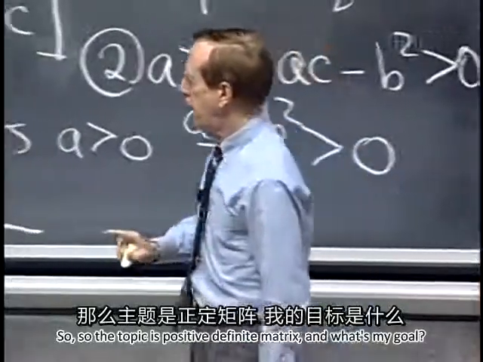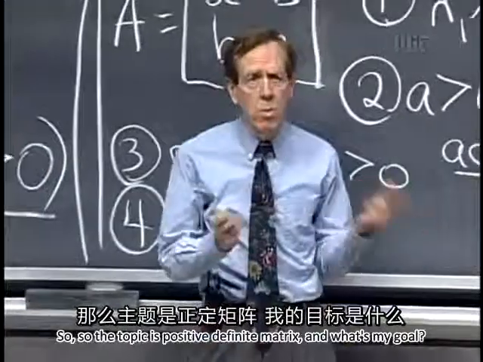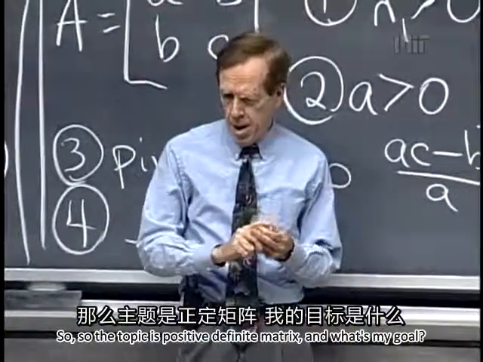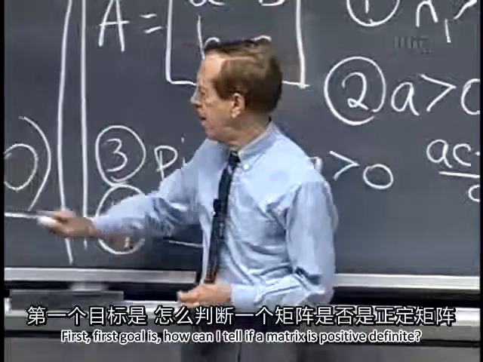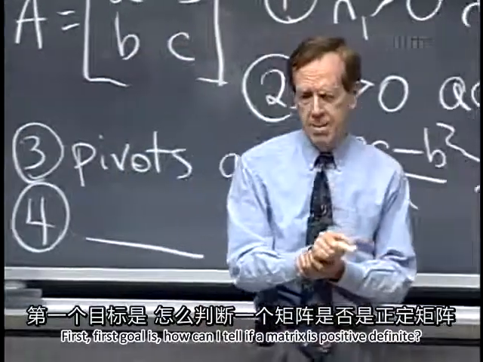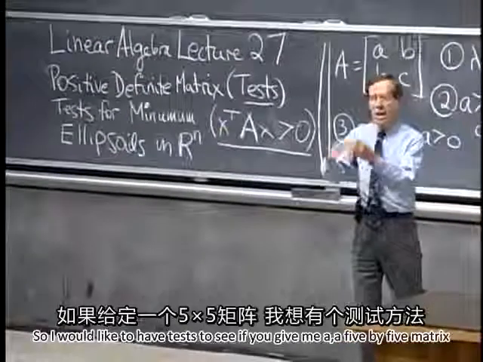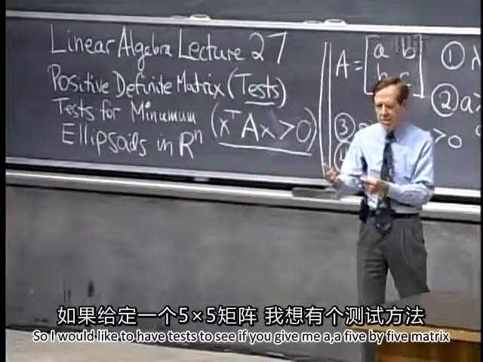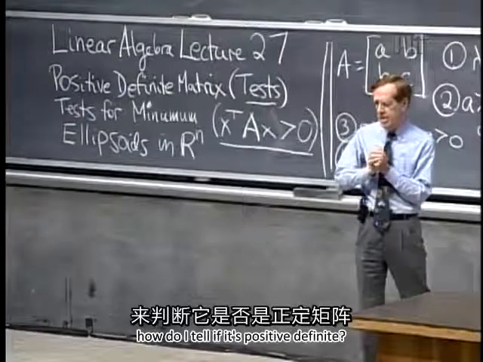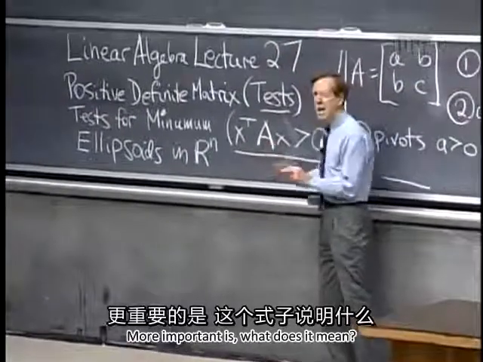So the topic is positive definite matrix, and what's my goal? First goal is, how can I tell if a matrix is positive definite? I would like to have tests so that if you give me a 5 by 5 matrix, I can tell if it's positive definite. More important is, what does it mean?